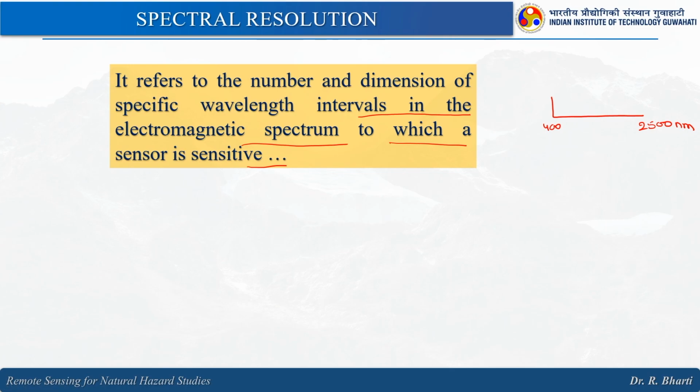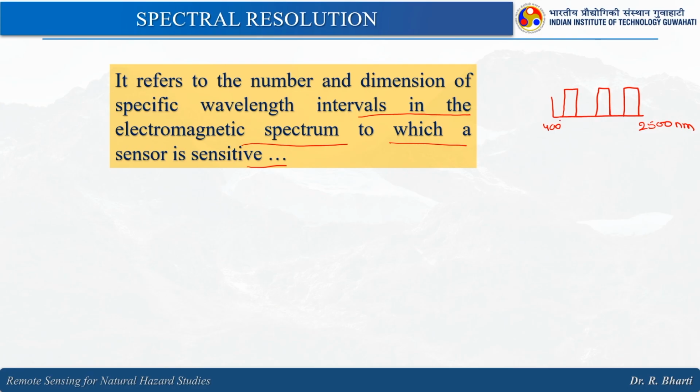Now, I have a set of detectors, that means I have a sensor which has different detector sets, each responsible for generating one image using a particular wavelength. One is this, another one is this. So, within a given wavelength range, how many images we are generating comes under the spectral resolution. But there are a few more concepts that you need to understand, and then we will talk about the spectral resolution.